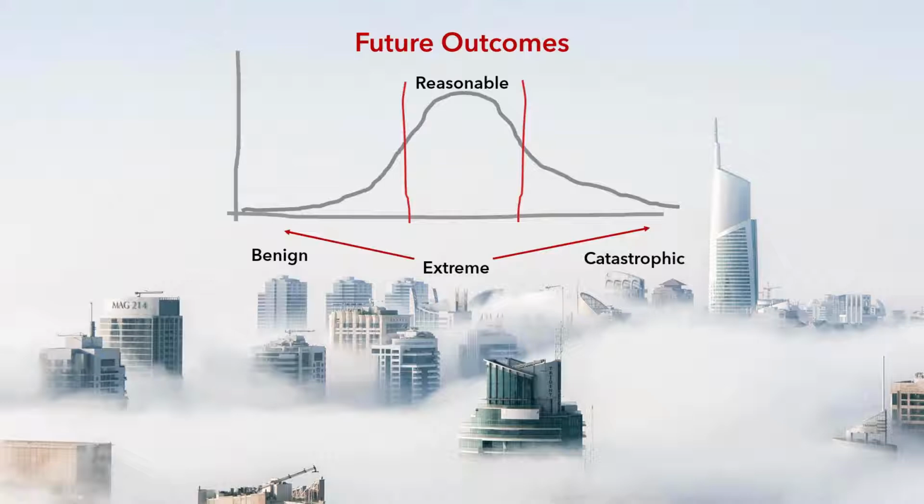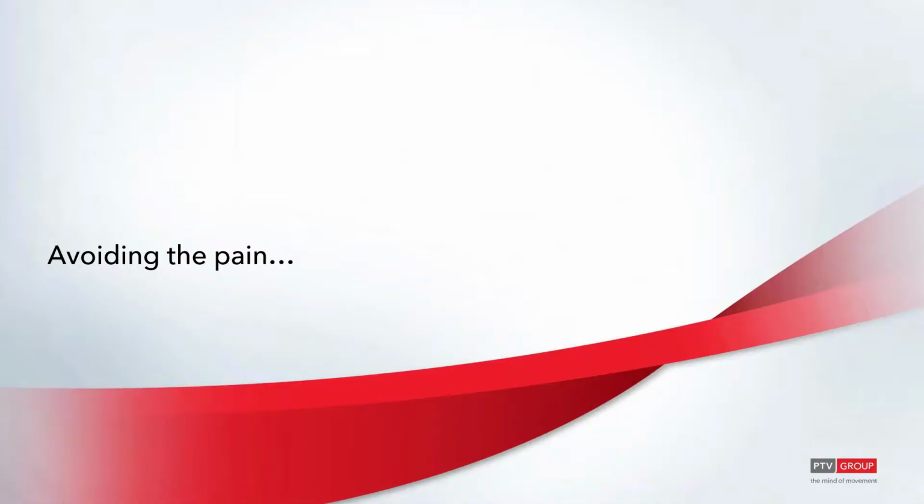You can see the extreme outcomes. You can also measure if those outcomes are benign, they don't really matter, or whether they're catastrophic. In cliff erosion, catastrophic is it collapses. So this is what we need to do.